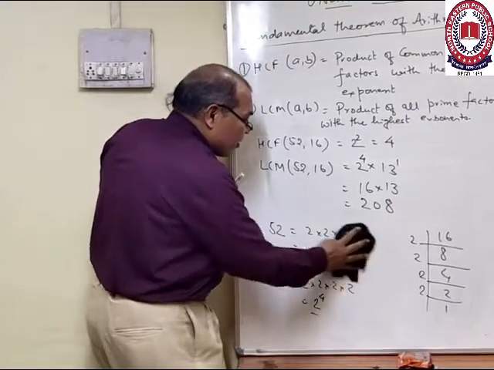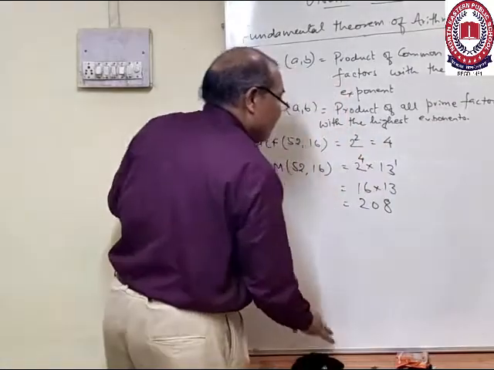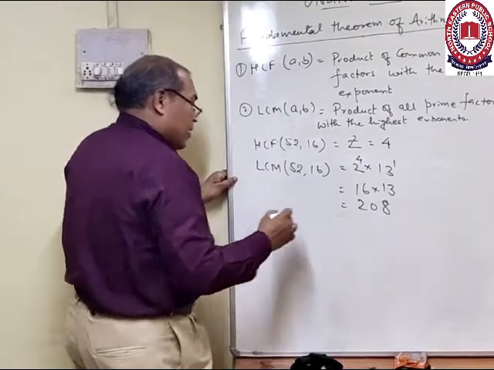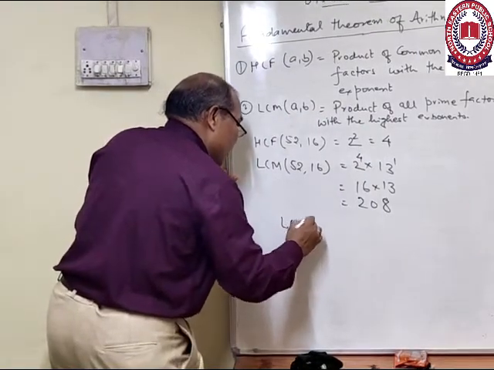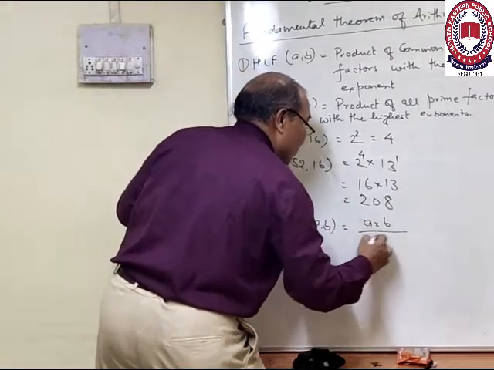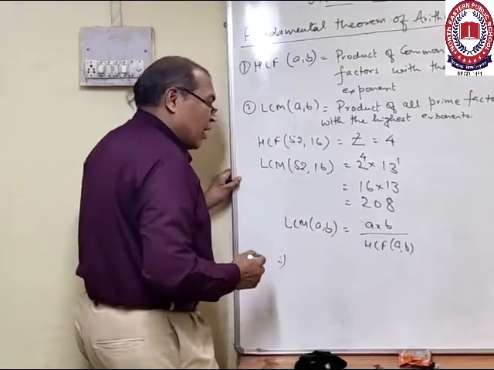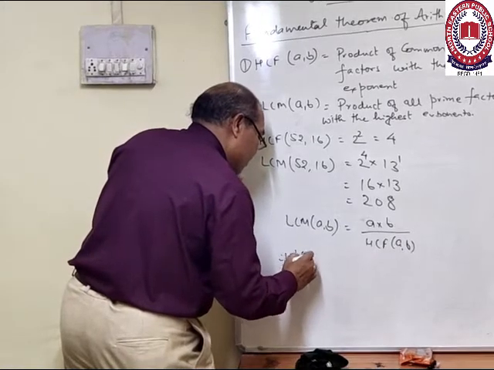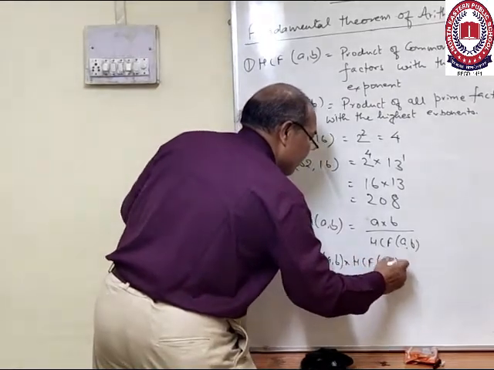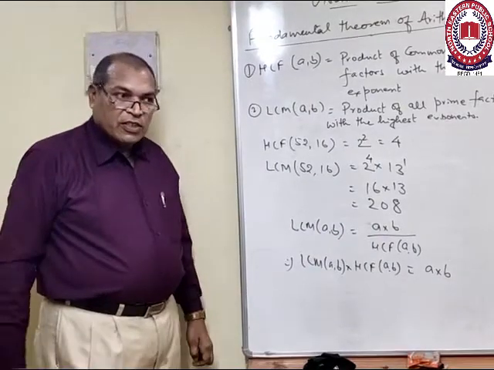So as we have the relation I told you between LCM and HCF, as I told earlier, LCM of A, B is equal to A into B upon HCF of A, B. So we can rewrite this as LCM of A, B into HCF of A, B is equal to the product of the two positive integers.